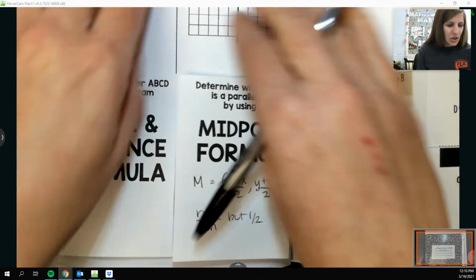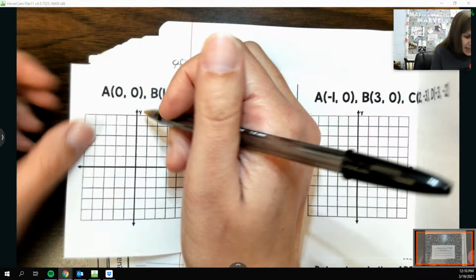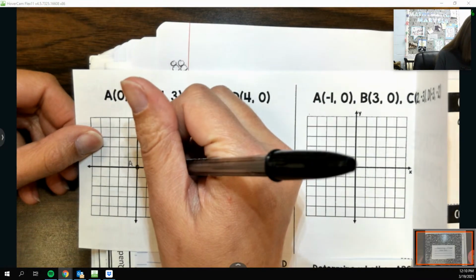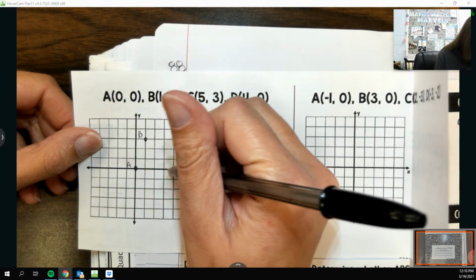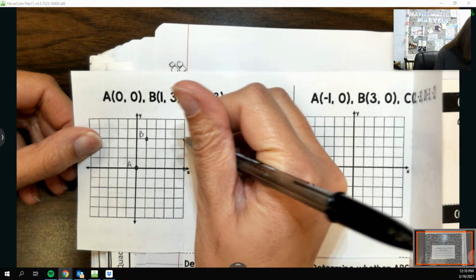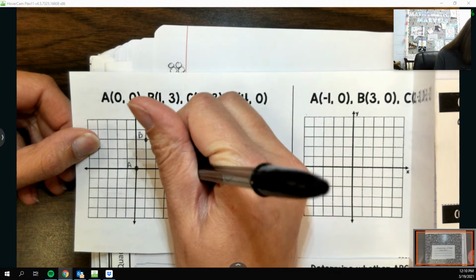All right, so let's try a couple. Looking at this first one here, if I plot 0, 0, 1, 3, 5, 3, and then 4, 0, whoopsies.